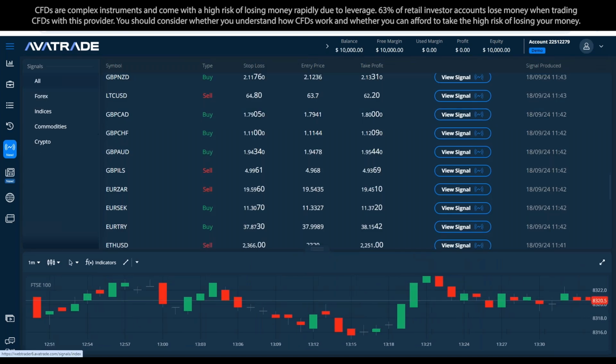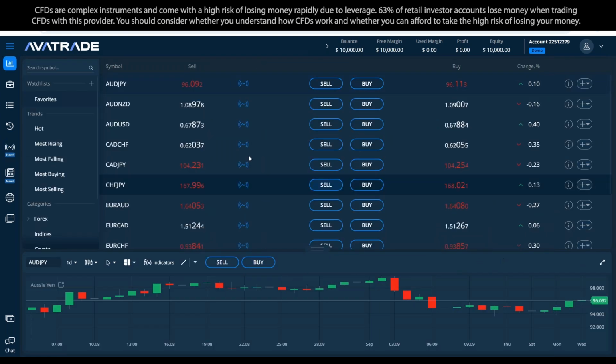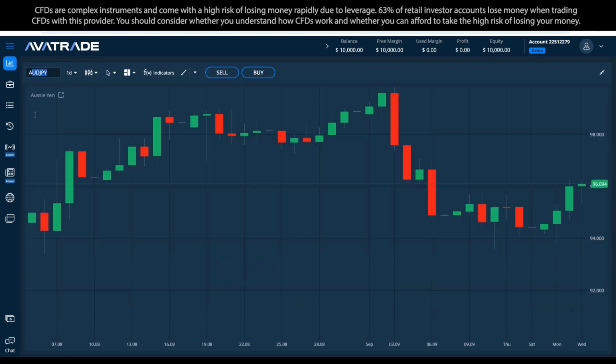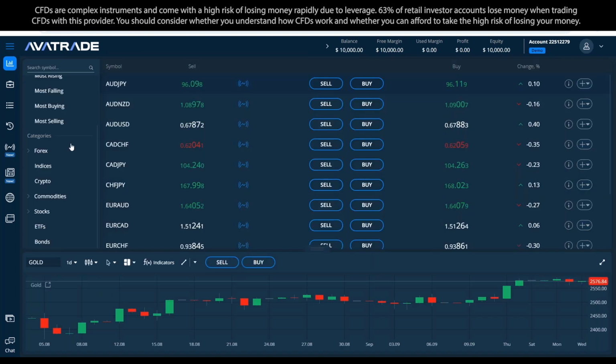Okay. Now, let's put an instrument to analyze, and to find it, I have two ways. One is through the search bar here. So for instance, I want gold, I could just put down gold, click it from the list, we have it on the chart, super simple. The other way is manually.